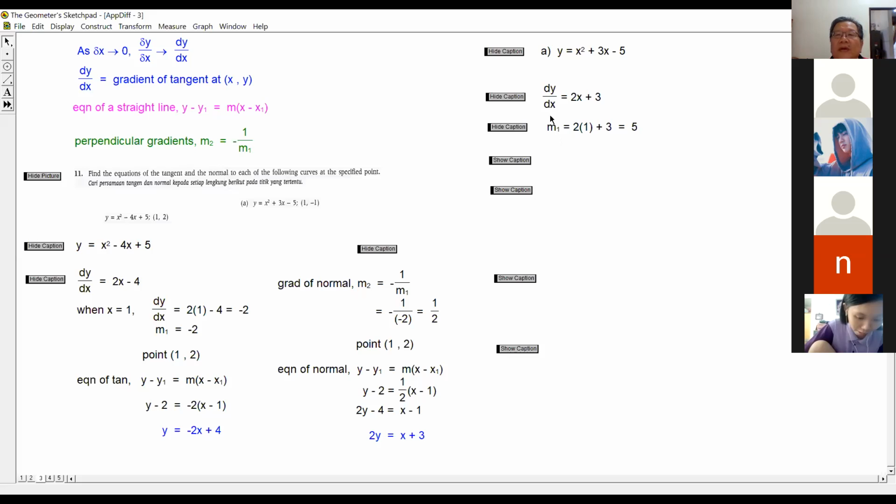So the value of m1 is obtained by substituting 1 into dy dx, and the value of m1 is 5, which means that the gradient of tangent is 5. And again, the point is (1, -1). Making use of the gradient and the point, can we find the equation of tangent? Yes. Just substitute inside for the equation of tangent.